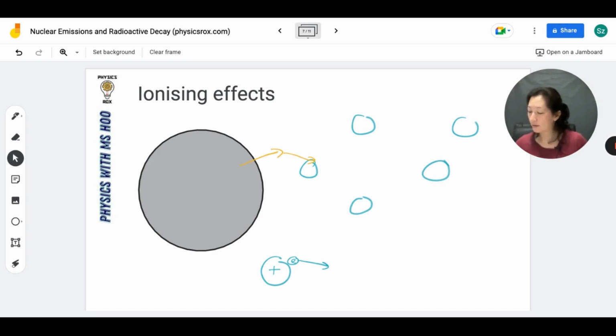When an electron is knocked out physically, this now becomes a positively charged ion. So now you have a pair of ions, one positively charged nucleus and an electron. Ionizing effect in this case refers to the ability of the radioisotopes to create a lot of ions. The greater the ionizing effect, the more ions that it can form. What we're going to look at now is to compare the ionizing effects of alpha, beta, and gamma.